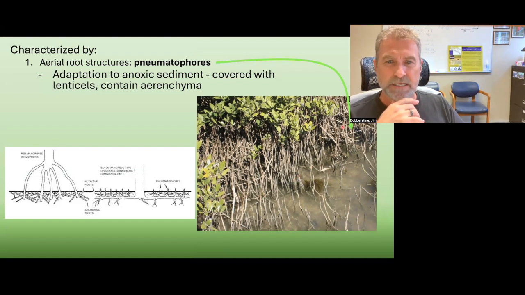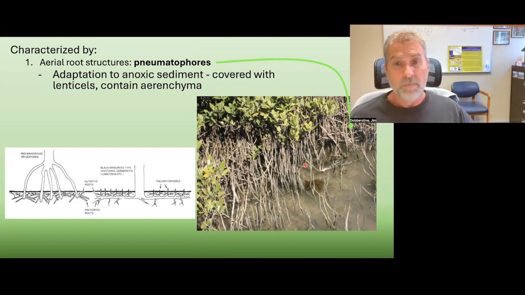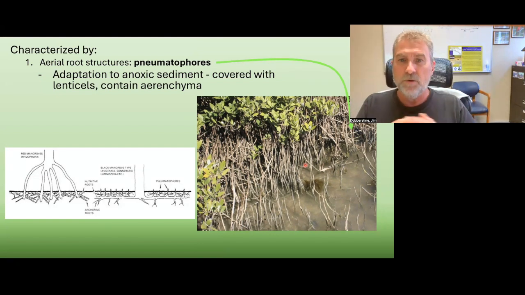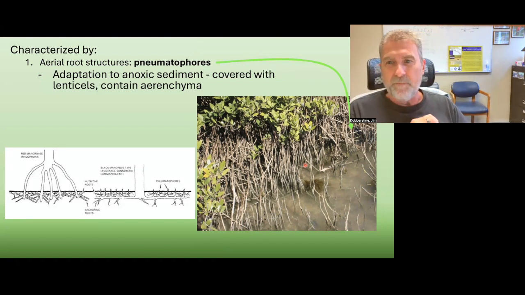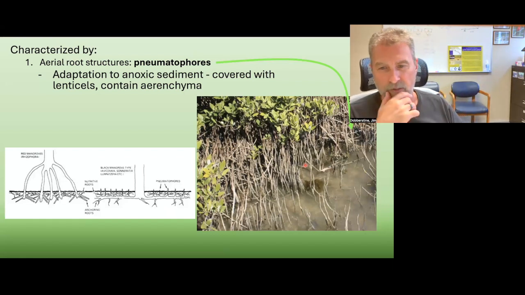One of my sites in Galveston actually has a stand that has now died off because of 2 years of subsequent really hard freezes. You can still see the pneumatophores extending out in front of that into the low marsh.